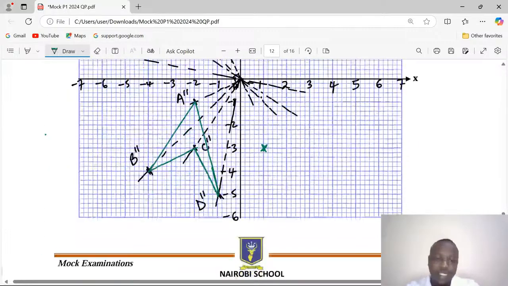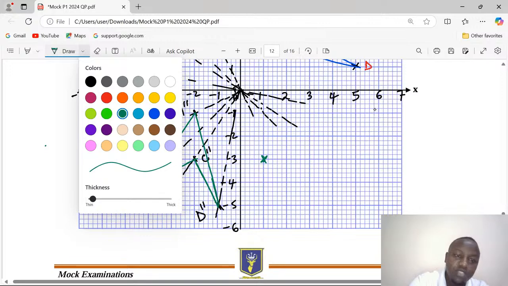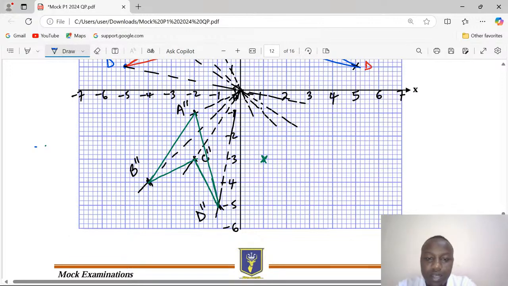Then now ours is to join. If it is A, we join it to the center, and it has to be enlarged using a scale factor of -1, which means it will be to the opposite side, but the number of times we shall move is only 1. So we connect it to the center, then we move to the opposite side and equal distance.